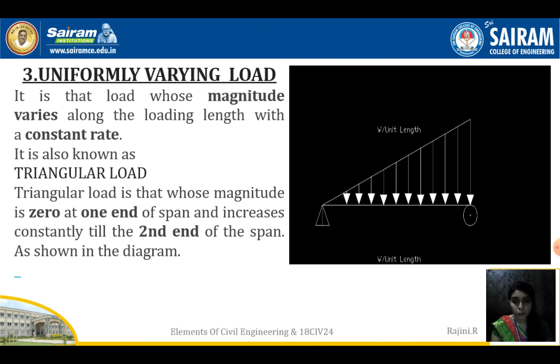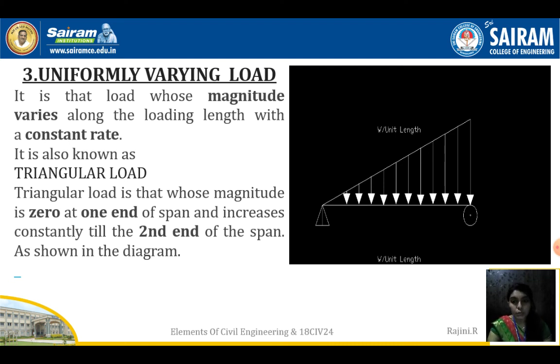Next one, uniformly varying load. I already told, uniformly varying load is also called triangular load. You can see in the figure it will look like a triangle, right? That is, at one end the intensity is exactly 0, at the other end the intensity is maximum, so it takes the shape of a triangle. So that's why it is called uniformly varying load.